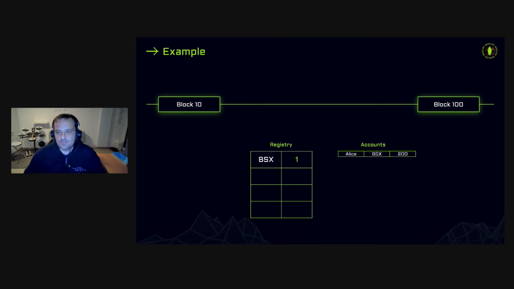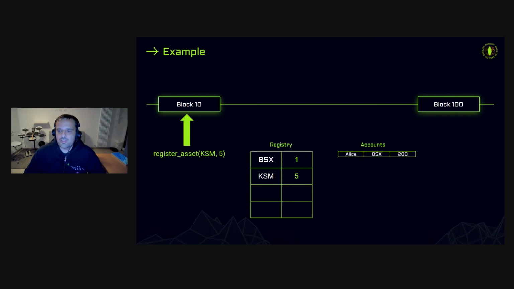We have only the native token, and its existential deposit is set to 1. Our account storage currently looks like this. There is only Alice holding some BSX tokens. So we register an asset. Let's register KSM, and we set the deposit to 5.